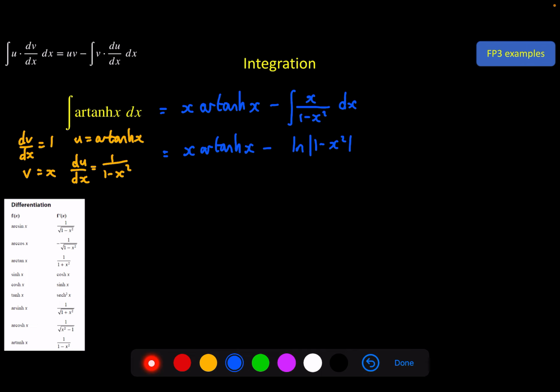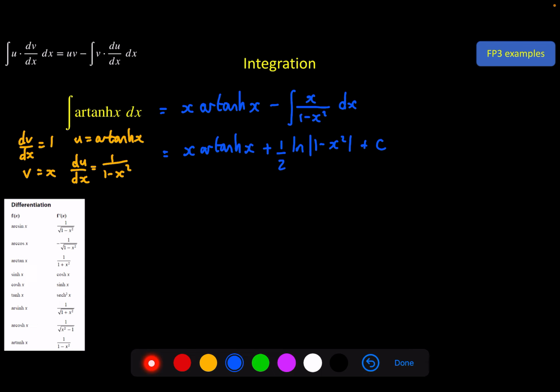If you were to differentiate this, you would have a minus 2x over 1 minus x squared, but we don't have a minus 2x, we just have an x. So I need a minus half. So that will become a plus, and there will be a half here to cancel out that minus 2 because it wasn't here. And then of course I should put a plus c on the end.